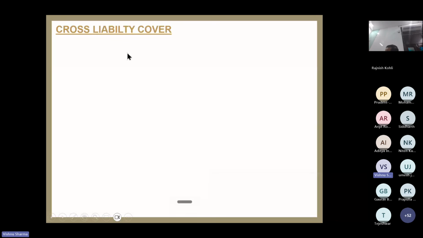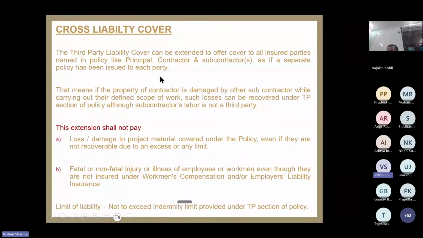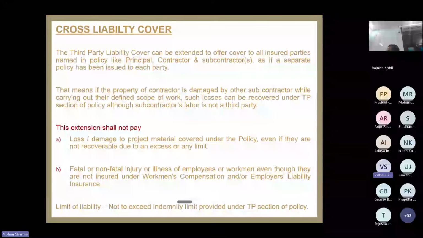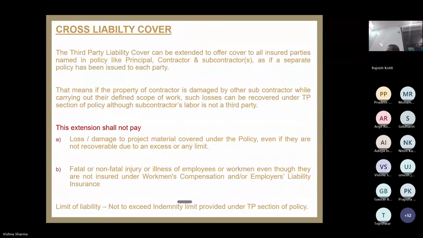Then comes, as I told you, cross liability cover. It is very important. In case of cross liability cover, this extension can be given. The cross liability cover is an extension of TPL, third party liability cover.